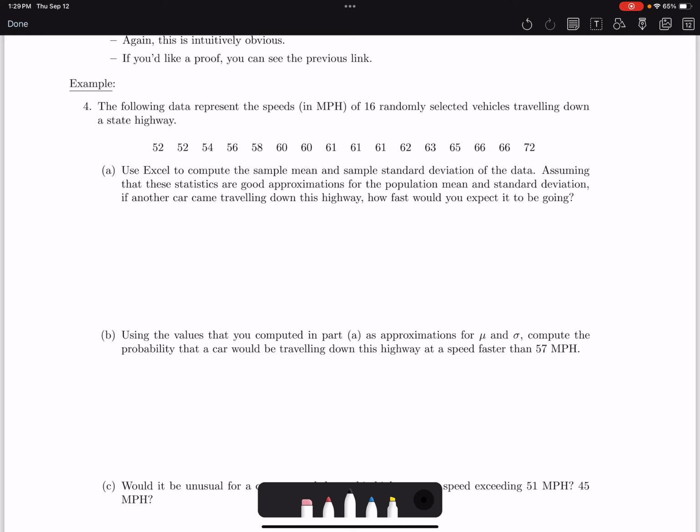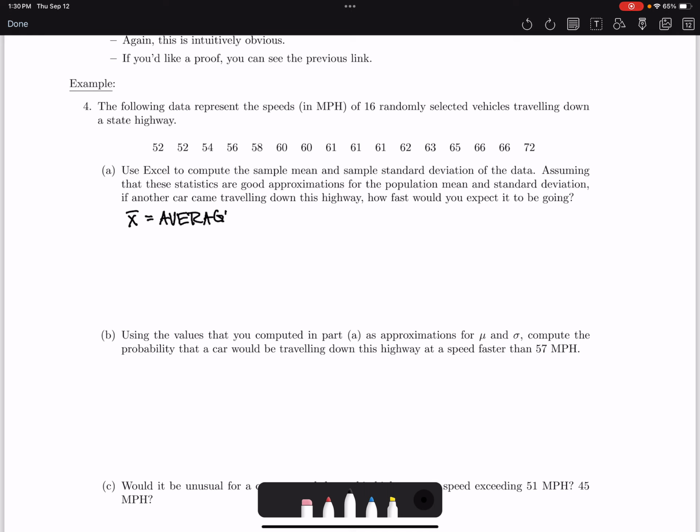Well, it's been a while since we've worked in Excel. If you want, you can open up Excel and then enter these values manually into the spreadsheet, and then you can use Excel to compute the mean and the standard deviation. I went ahead and did that already, so I'm just going to give you the answers. But in Excel, to compute the sample mean, x bar, we would use the equals average function.